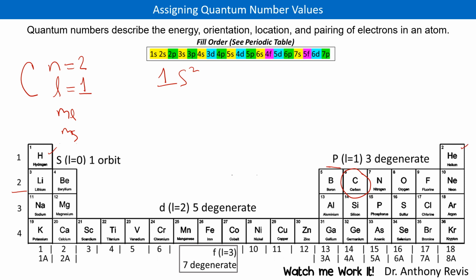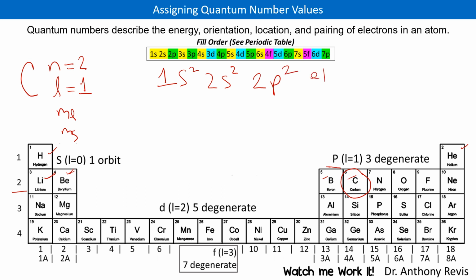First row, first period is only s orbital, so hydrogen and helium only need an s orbital. So 1s2. Now we're here for a 2s2, 1, 2. And now carbon has 1, 2 electrons in the p orbital. 2p. This is N equals 2, the row, 2p2.